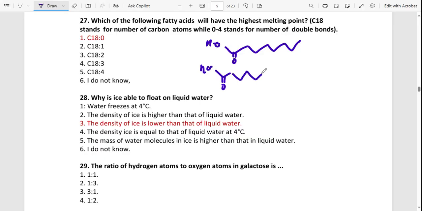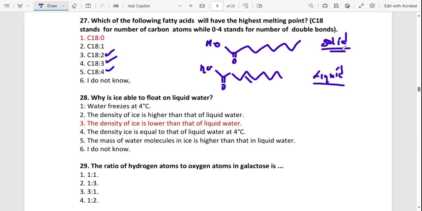If you have something that is unsaturated, this is monounsaturated, it has one double bond. If we had two double bonds, it's diunsaturated, then tetra-unsaturated. But the saturated ones are normally going to be solids. The unsaturated ones become liquids.